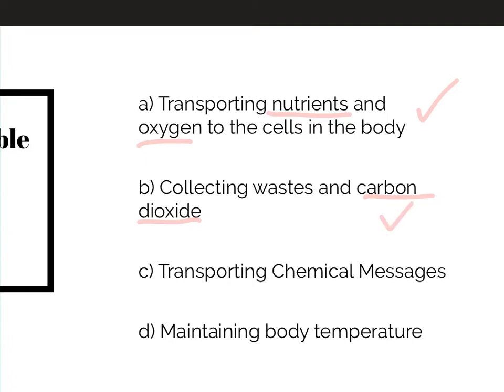The other thing that your blood can do is it's a transport system for chemical messages. So your brain sends chemical messages out to the body to adjust things, to change growth rates, things like that. And then finally, you can also use your circulatory system to maintain your body temperature. You may notice this on a cold day.